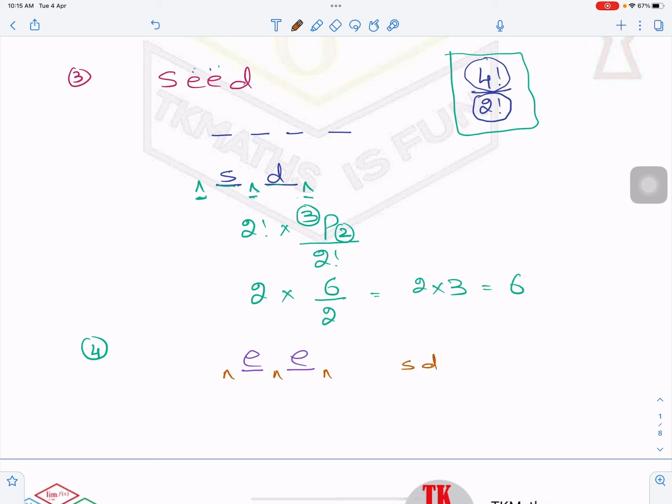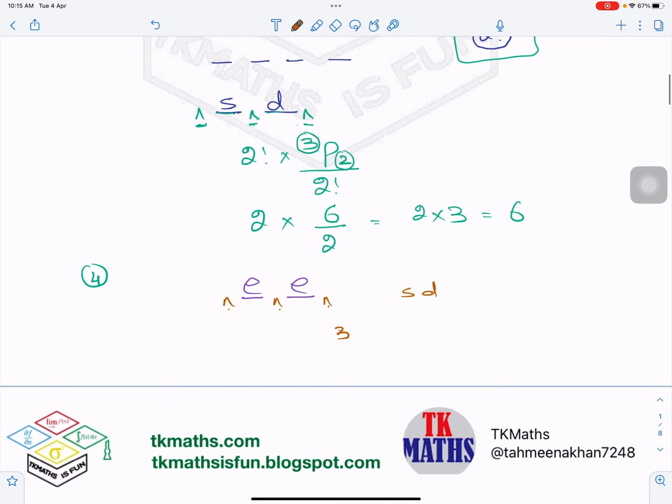So for S and D, there are three possibilities, three positions. Out of those three positions, they can come on any two positions. Now I will not divide it by 2 factorial. The reason is S and D are not identical. So I will simply do 3P2 for this. Out of these three places, they can come on any two places.